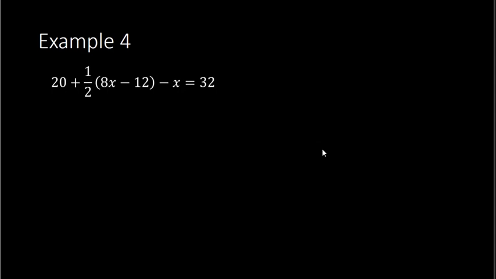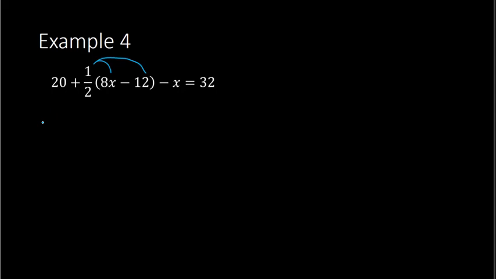Now for example 4. We're adding a little more difficulty to this one because now we have a fraction in front of the parentheses, and then we have this minus x over here as well. But it's really the same thing. We want to simplify this left side first before I can solve. So I do that by distributing 1/2 times 8x and 1/2 times negative 12.